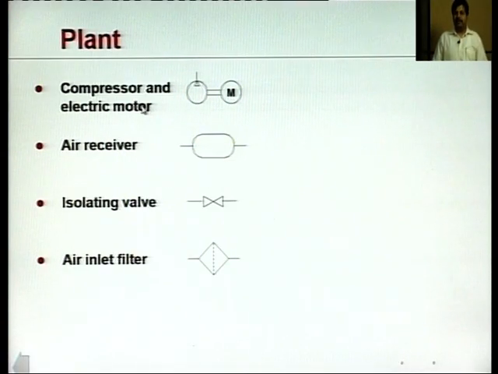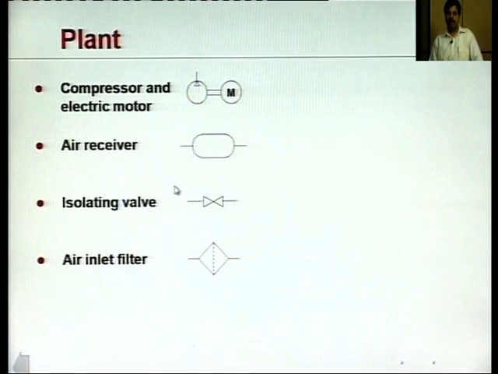In pneumatic circuits, the power production unit is a pump, and that pump is being powered by a prime mover, and this particular combination is used to compress the air which is stored in some sort of accumulator that is to be used later in the circuit. As we can see here, a pump and a prime mover combination is shown like this, and an air receiver or an accumulator where the compressed air is stored temporarily for later use is shown like this.